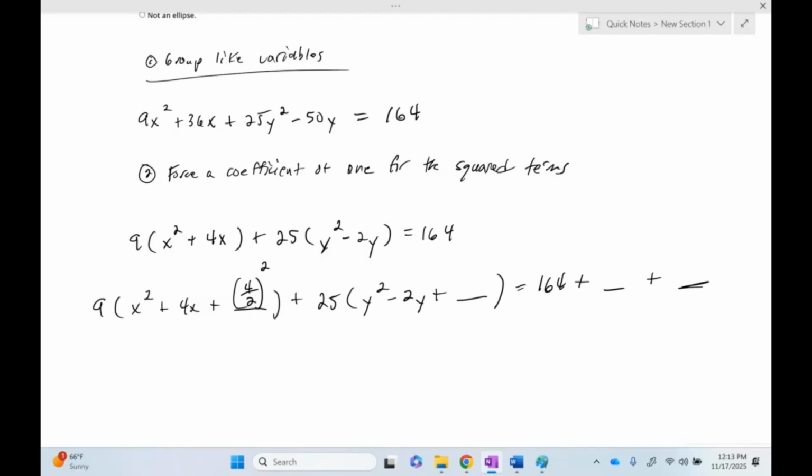So 4 divided by 2 is 2, and then 2 squared is 4, right? So I'm going to just write in another step. 9 times x squared plus 4x plus 4, right? Because half of 4 is 2, and then 2 squared returns a 4.